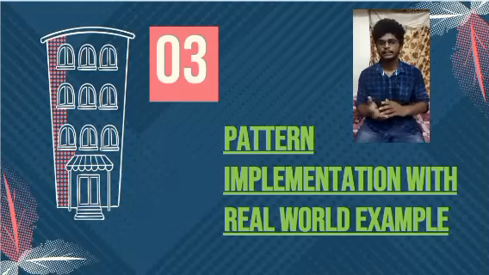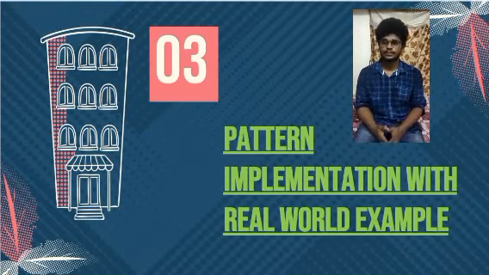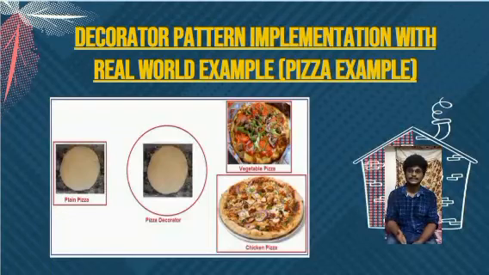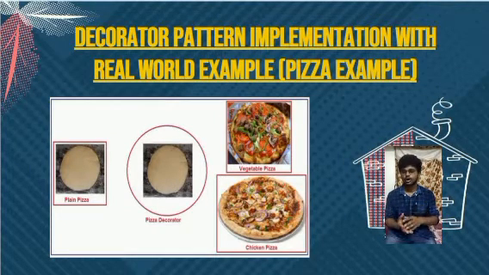Let us discuss the implementation of decorator pattern with a real world example. Let us consider an example of making vegetable and chicken pizza to understand the decorator pattern easily. Suppose you want to prepare chicken or vegetable pizza. First you need to prepare the plain pizza.